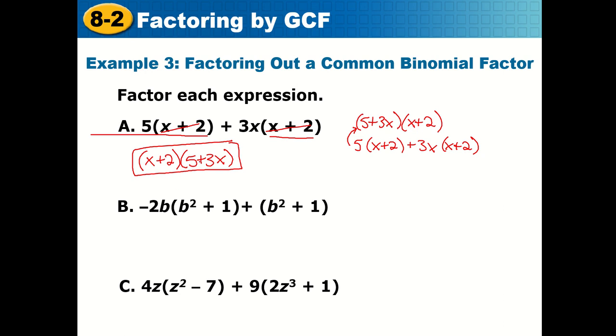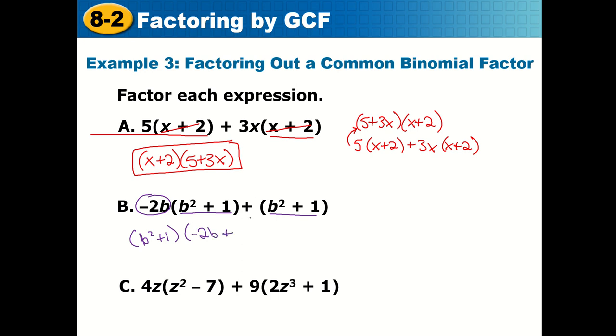I think I need a different color. I'm getting sick of red, so let's go with purple. Over here, we have again one term and another term, and I've got b squared plus 1 and b squared plus 1. So I'm going to factor out b squared plus 1. Then what am I left with? I'm left with my minus 2b, so it's going to be negative 2b.